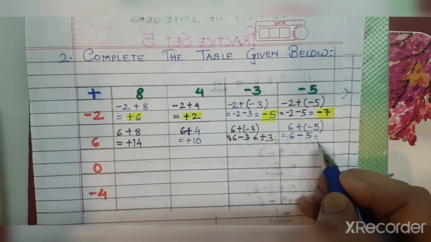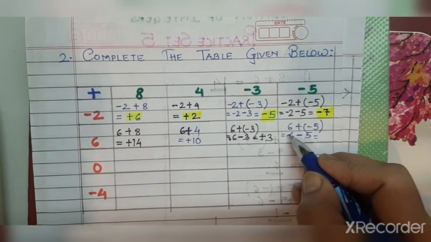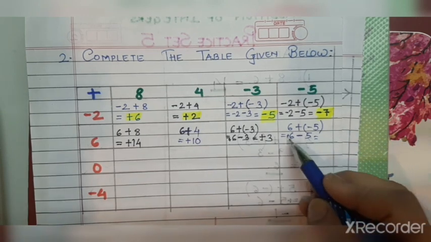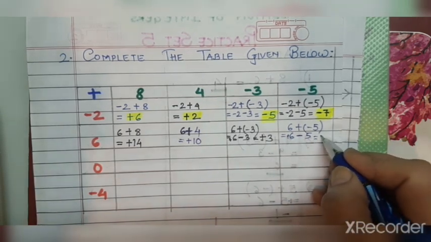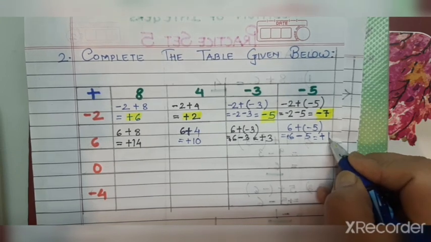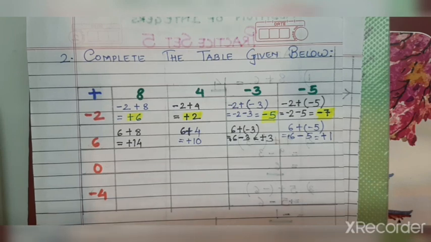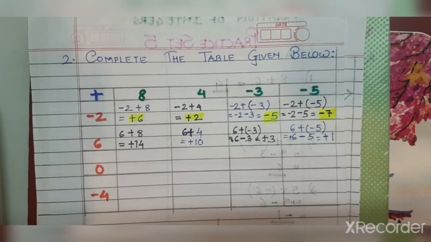So 6 minus 5, you can write the answer directly 1, or 6 is having no sign, so it is having a positive sign. So when the signs are different, write the sign of greater number. Greater number is 6, I am putting plus and subtract. 6 minus 5 is 1. So I'll just highlight the answers.